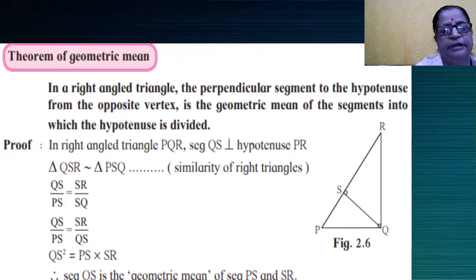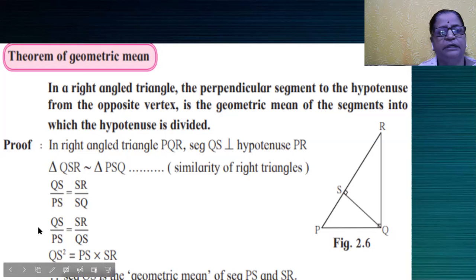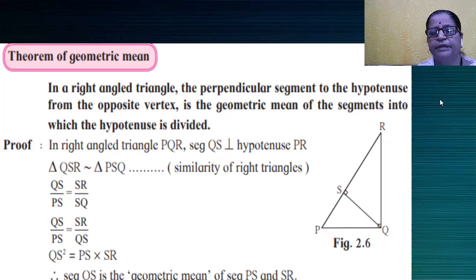Theorem of geometrical mean. In a right angle triangle, the perpendicular segment from the opposite vertex to the hypotenuse is the geometrical mean of the segments into which the hypotenuse is divided. Here in triangle PQR, QS is perpendicular on hypotenuse PR.